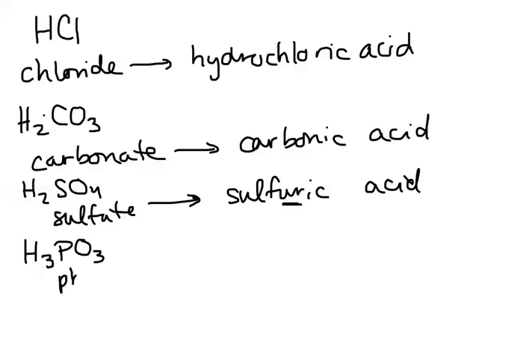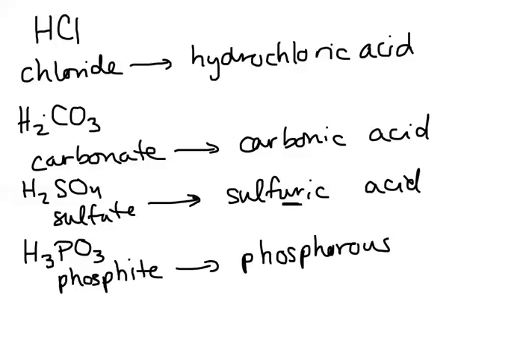And remember, phosphorus is like sulfur in that you add back a syllable, so it's phosphorous acid. Ite goes to ous, and with phosphorus, you add in that extra syllable. Phosphoric, phosphorous, not phosphic and phosphous.